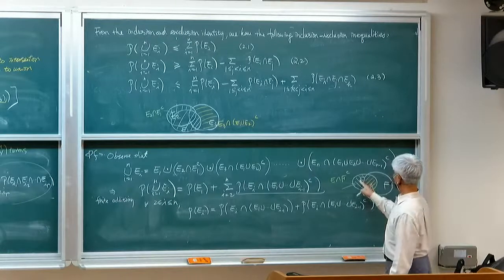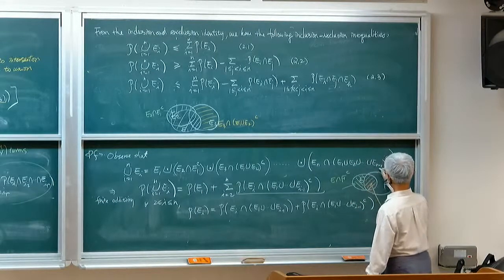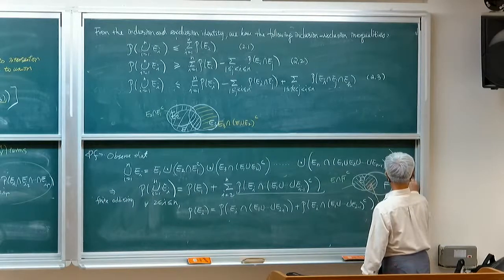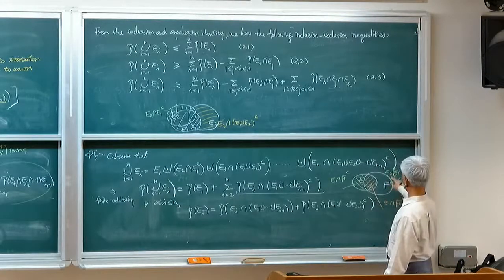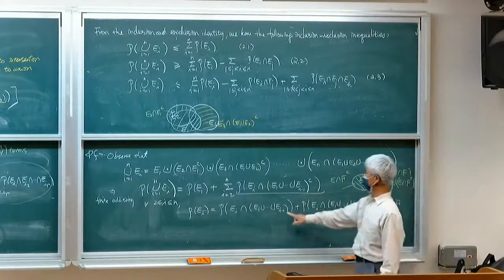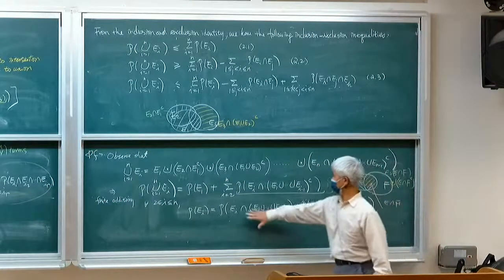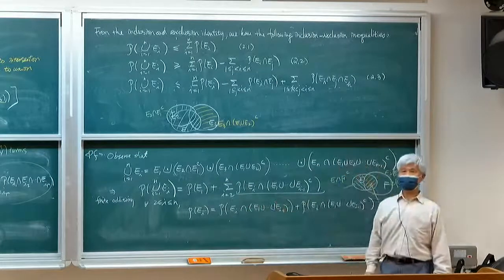So E becomes the disjoint union of E intersect F and E intersect F complement. Okay, so they are a disjoint union. That's why we have the addition, because these two intersections are disjoint.